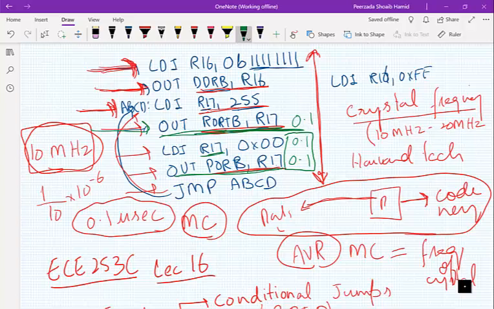So T on is 0.2 microseconds. And roughly we can assume that T off is also 0.2 microseconds, because after a couple of instructions we turn them back on, and the cycle repeats.